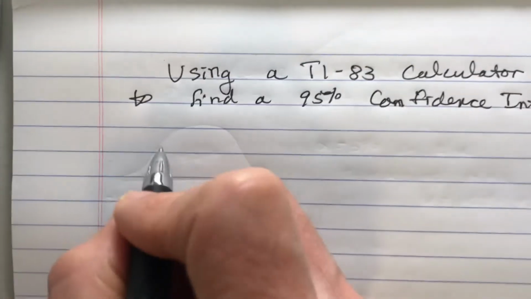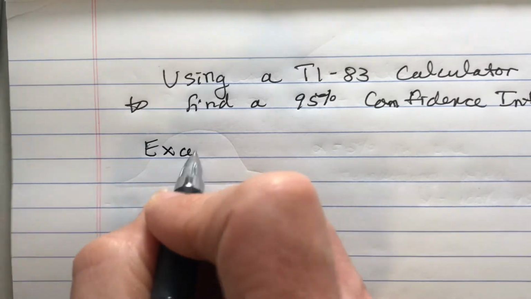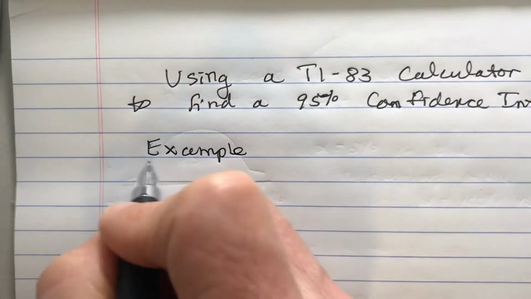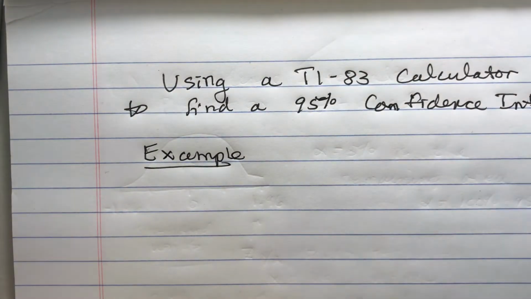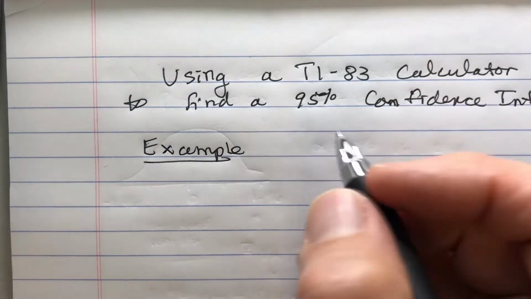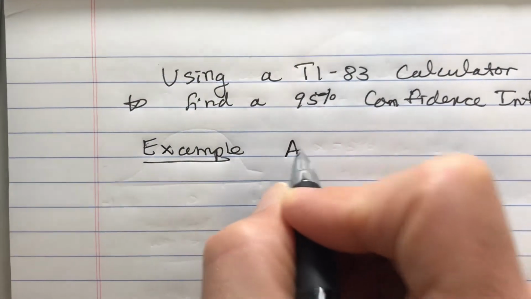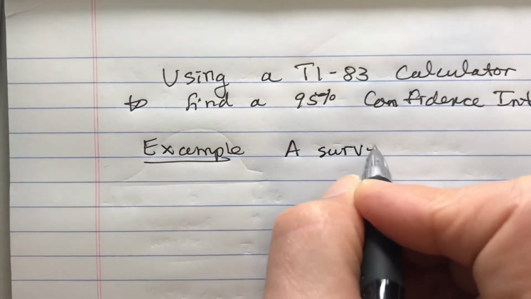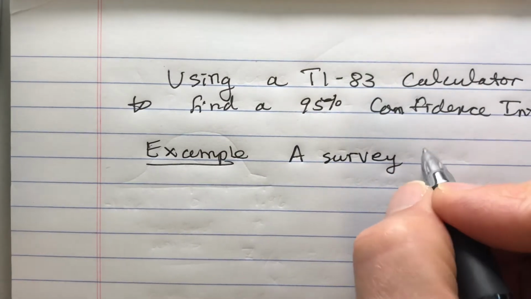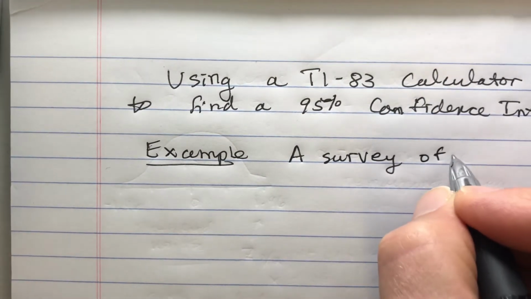I'm going to follow up and do the same example that we had before, and we came up with a number. Hopefully I'll get the same number. I used a calculator a bit, but not as much as what I plan to do in this video.